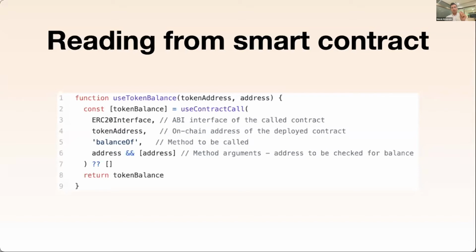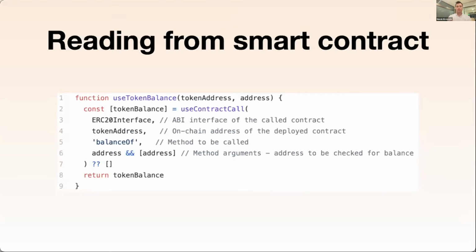So you use useContractCall, which returns the same thing that the smart contract is going to return, and it has 4 arguments. The first argument is the ERC20 interface. This is the same format that Ethers.js is using. It takes the address of the contract you want to call. It takes the name of the method, and it takes an array of arguments for the function that it then needs to call.